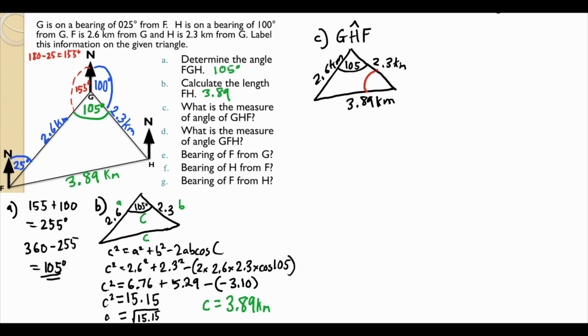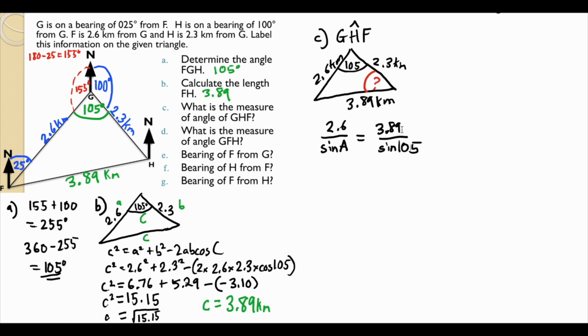So I have all three lengths, so I could use cosine rule, but I could also use sine rule, which is a little quicker. So 2.6 over this angle here. So it's going to be 2.6 over sine A, which is equal to 3.89 over sine 105.